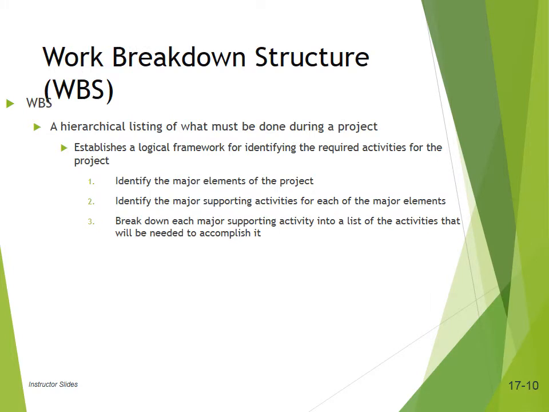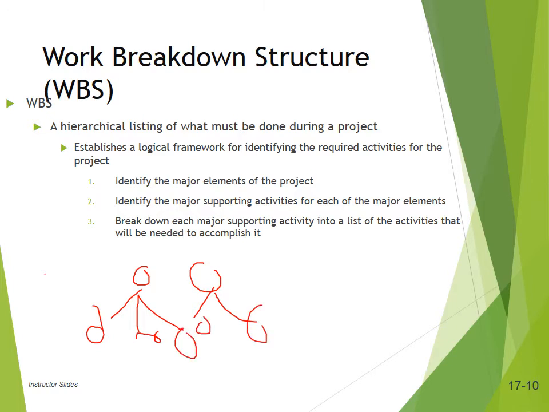Now we get started with different aspects of a project. The first and most important is WBS, work breakdown structure. Projects are typically broken down into smaller structures. So it can be broken down into, say, two structures, which can be subdivided into three more, and this can go on.